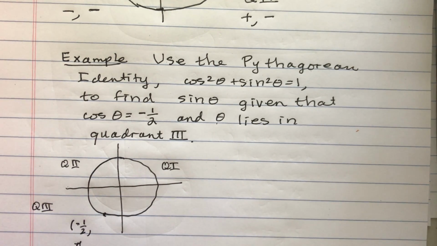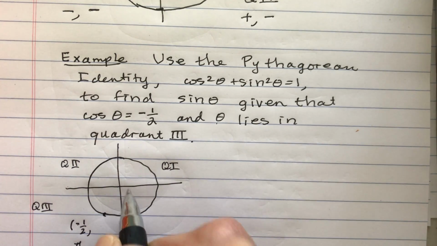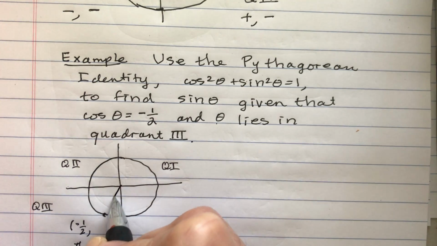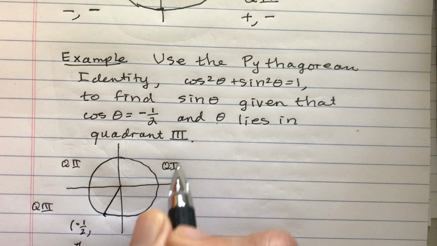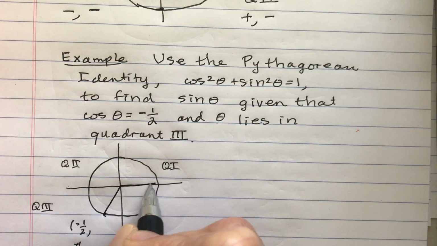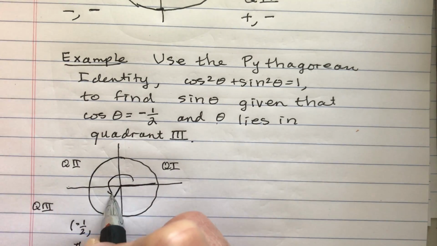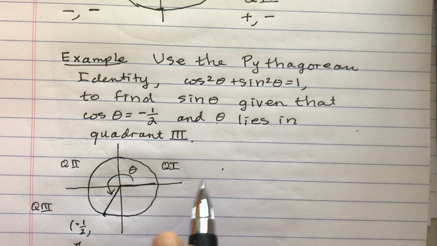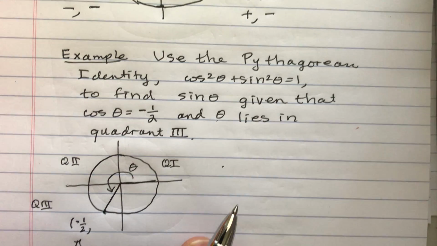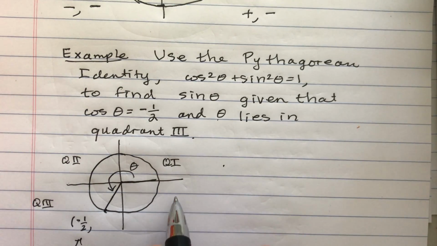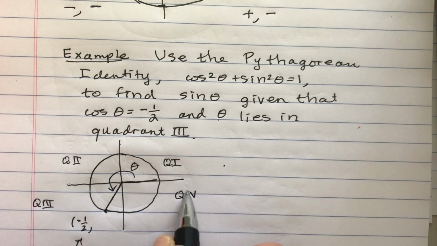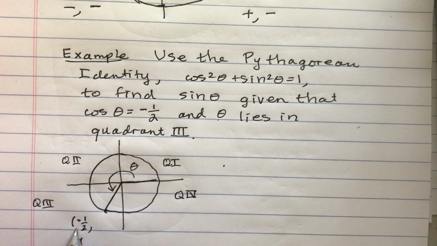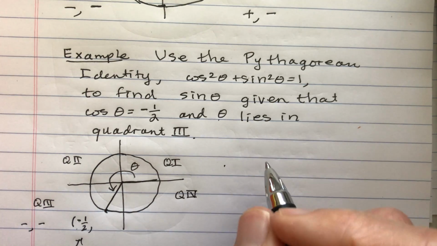Now what we're trying to do is find the Y coordinate, because the Y coordinate is sine theta. Quadrant 3 is as shown. Now recall that in quadrant 3 we have X and Y both being negative.